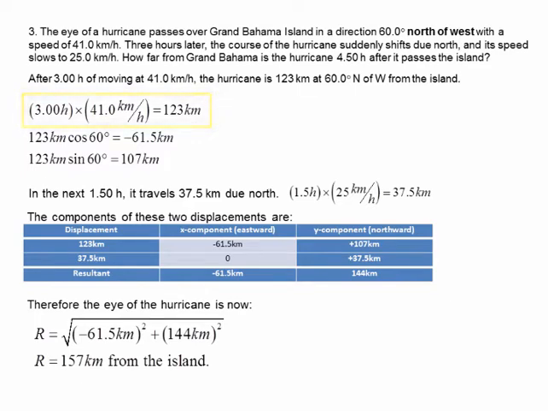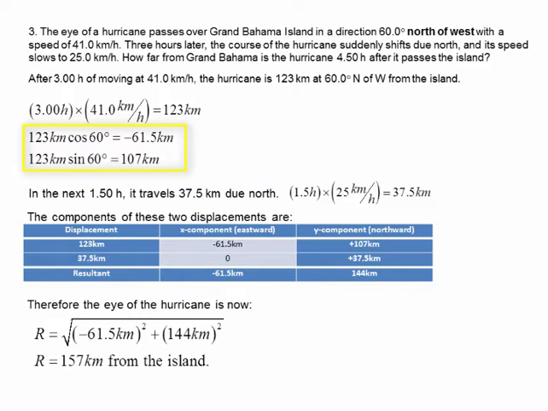So now we take advantage of the component method of breaking that vector down, that 60 degrees north of west, into its x and y components to determine what the total direction is during this period of time. It's very simply taking the cosine and the sine of the angle and multiplying it times the magnitude. In both cases we have a magnitude of 123 kilometers.